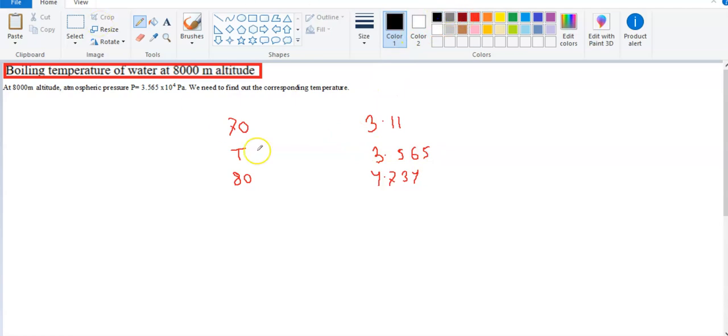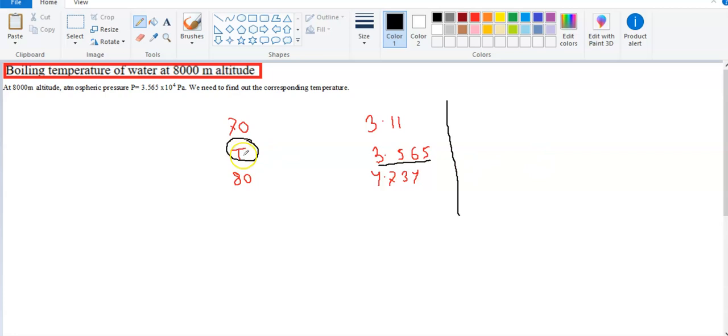We are going to calculate the temperature, and this is the pressure. Our value is in between 70 and 80. So this is the initial 70, this is the end value, and this is the intermediate value. The general rule of interpolation is that you write it this way.